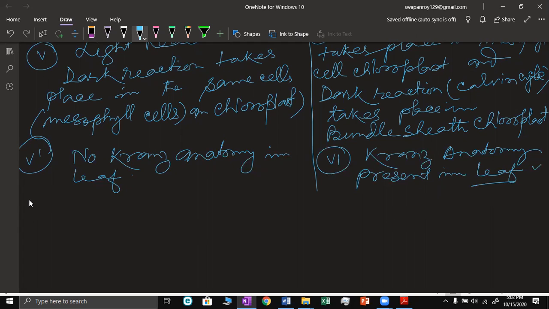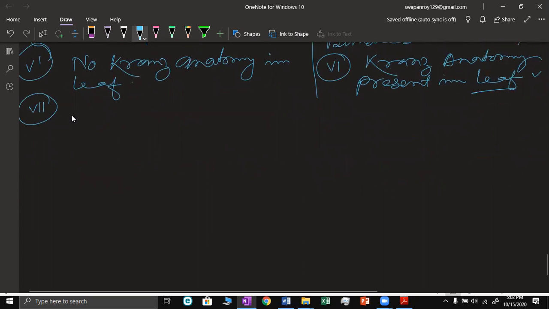Next important point is that in the C3 plant, photorespiration occurs. Photorespiration takes place.